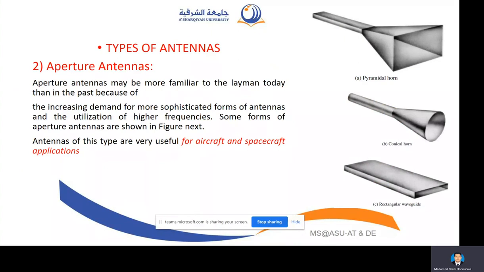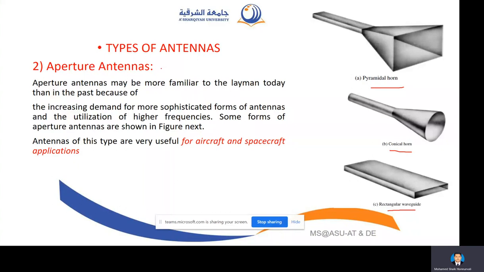Second type of antennas is aperture antennas. Some good examples of aperture antennas are presented in the figure here on the right side of the slide. You can see this is a pyramidal horn. To be more precise, aperture antennas are mainly used at very high frequencies.